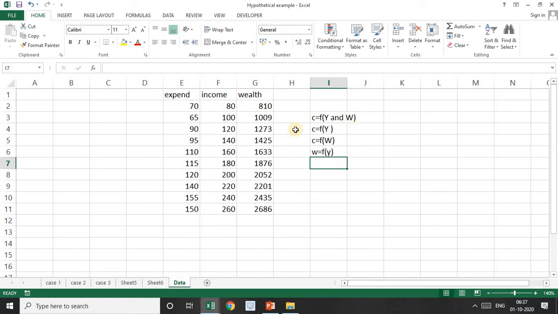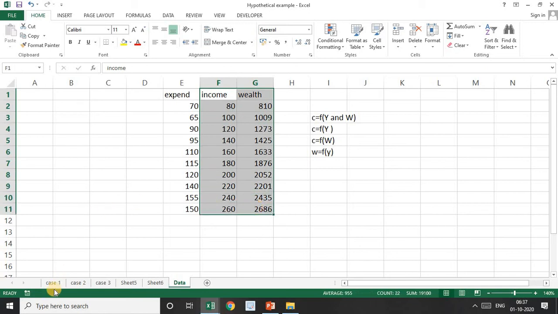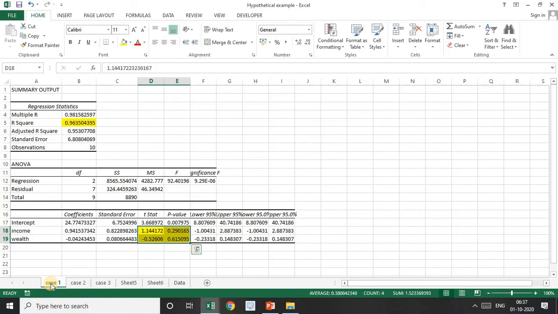First, let us take expenditure as the dependent variable and these two as independent variables. So I have done a regression. Look at this value. This is not significant, this is also not significant. The t stats are not significant, that's why p values are also not less than 0.05.